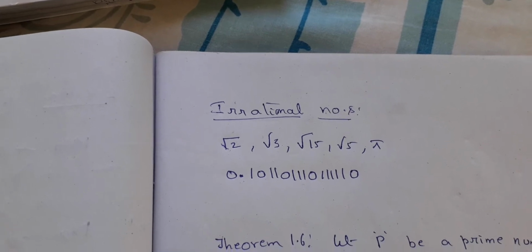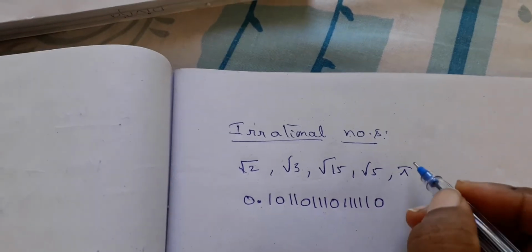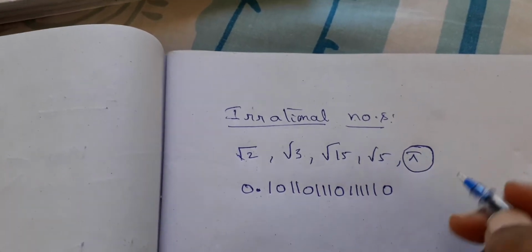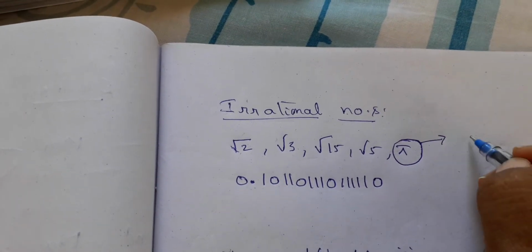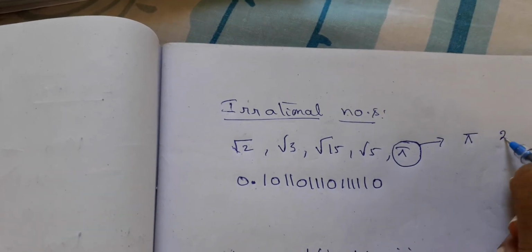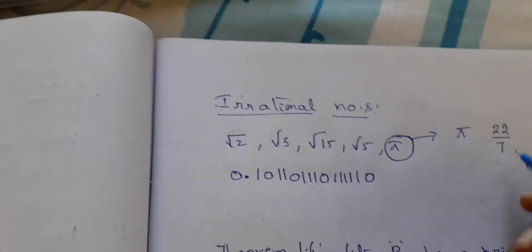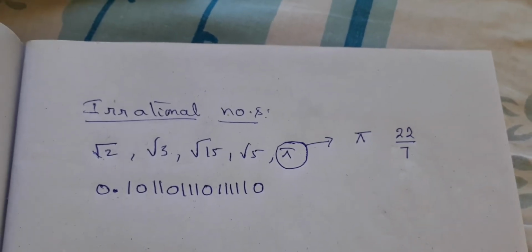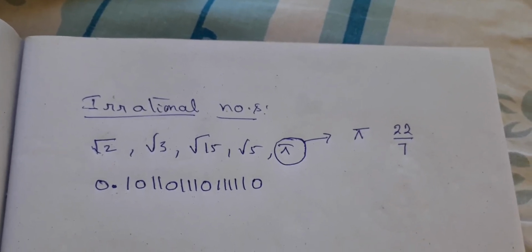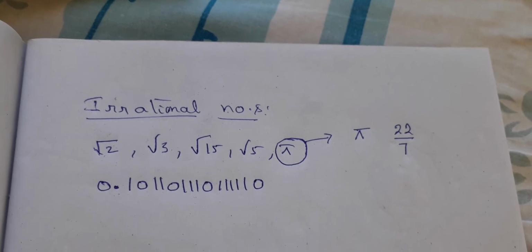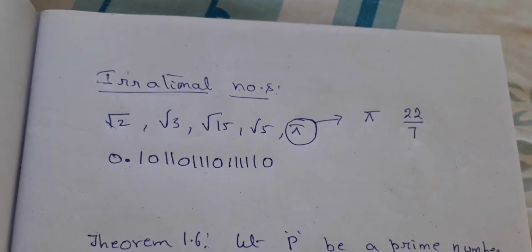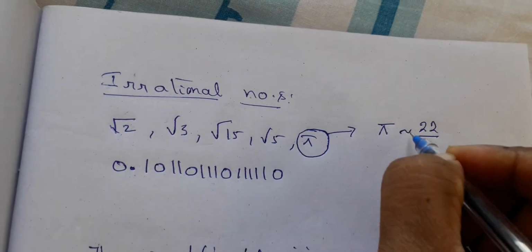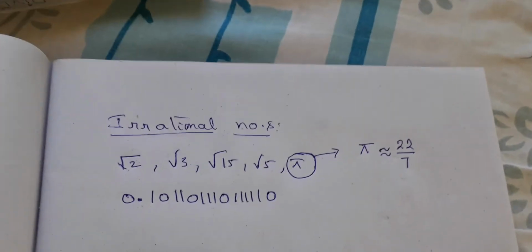Now when you talk about pi, it is very common that most people get confused with this pi. We always equate pi to 22 by 7. You may say, ma'am, 22 by 7 is expressed in the form of p by q, so why is it falling under irrational numbers? Yes, there is a reason. Here pi is not absolutely equal to 22 by 7, but nearly equal to 22 by 7.